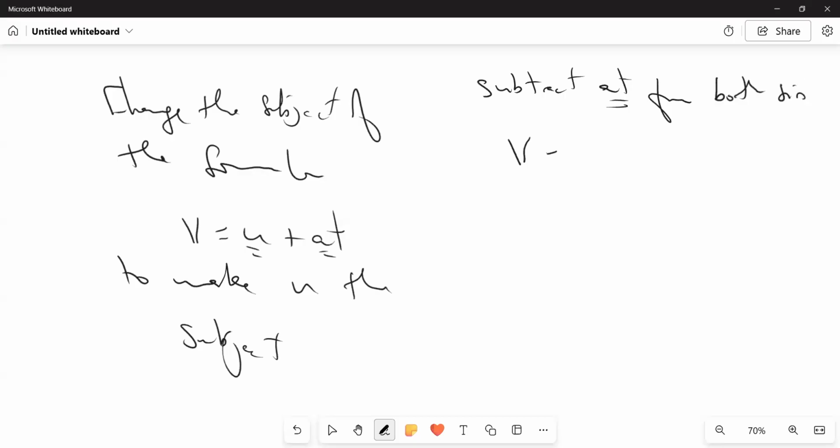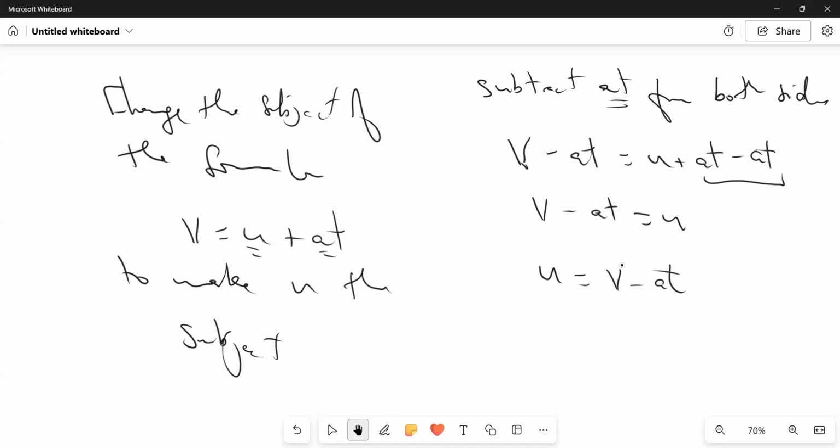So you get V minus AT equals U plus AT minus AT. You're left with V minus AT equals U, and the AT terms become 0. You can write it back this way if you want. So you have effectively made U the subject.